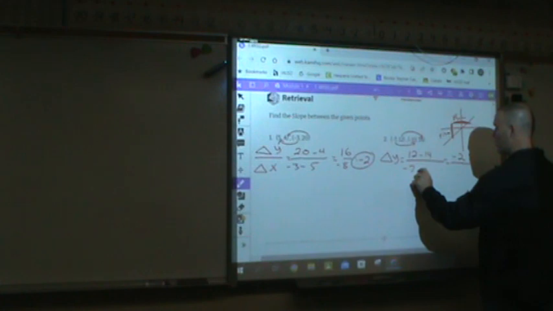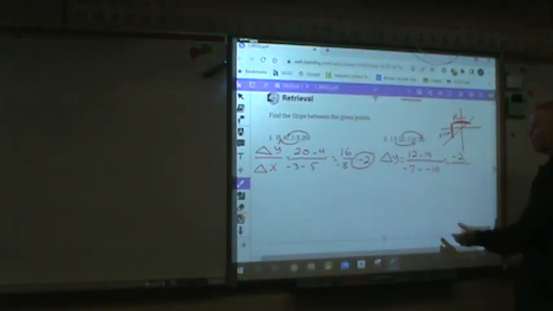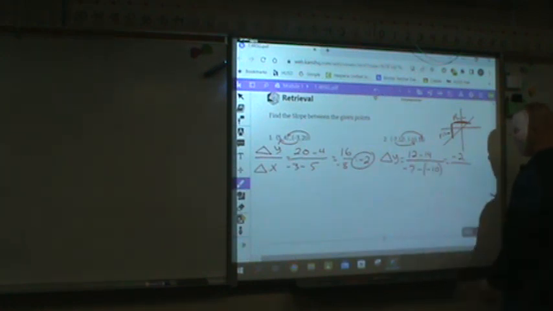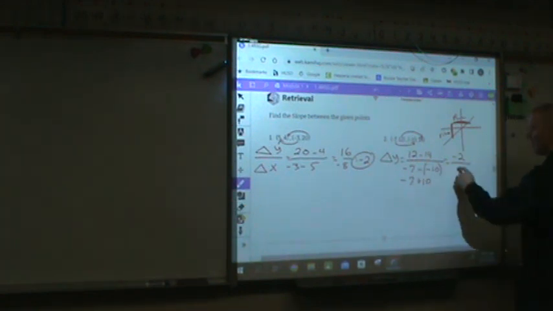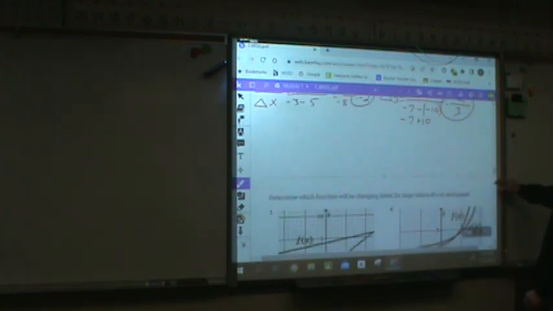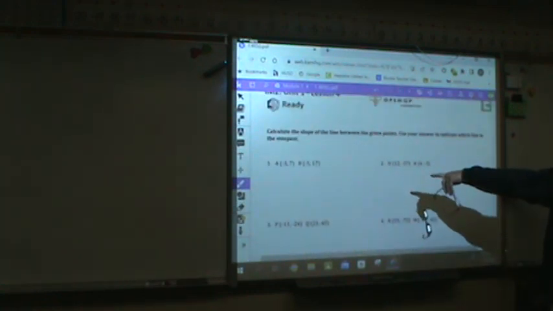It is minus a minus, so I put parentheses around this: minus 7 minus a minus 10 becomes minus 7 plus 10, which is positive 3. There's your slope, negative 2/3. So that's how you do the change in y, and that's going to help you with the ready right here.